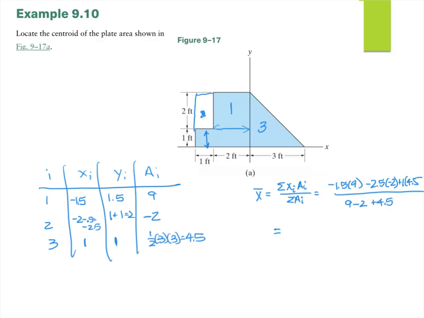I get an x value of minus 0.348 feet. For the y value, you get 1.5 times 9 plus 2 times minus 2 plus 1 times 4.5, and the total area is 11.5. The y coordinate is 1.2 feet.